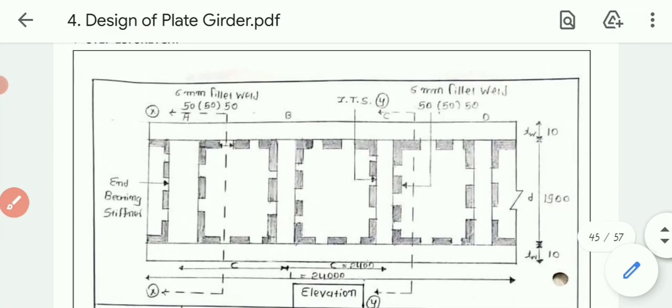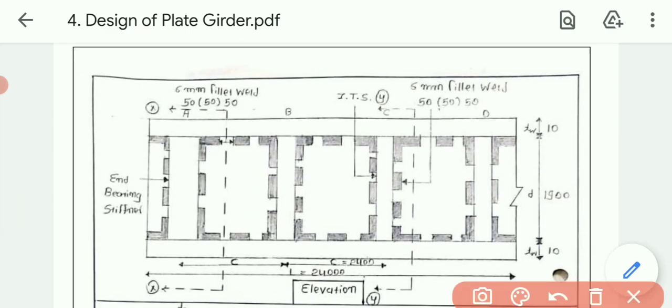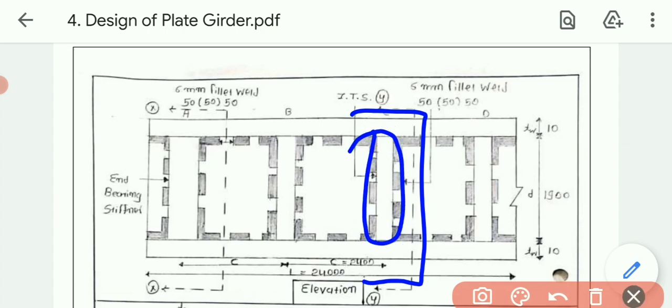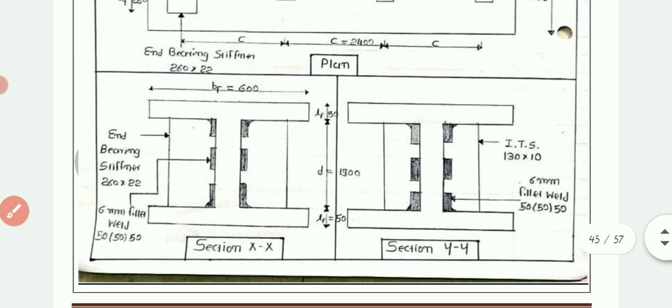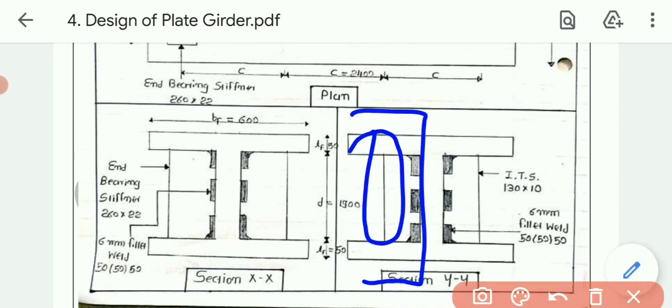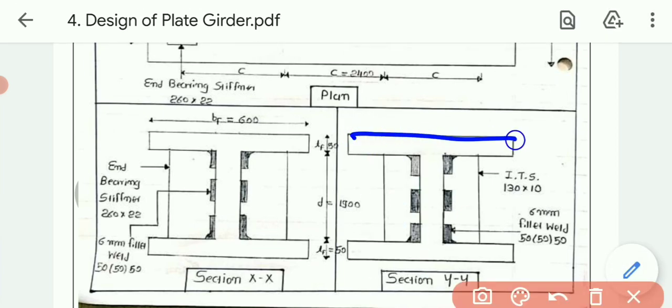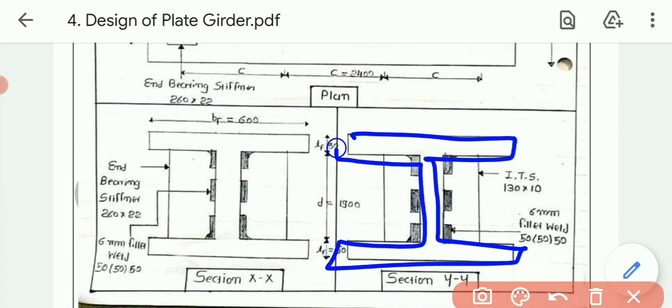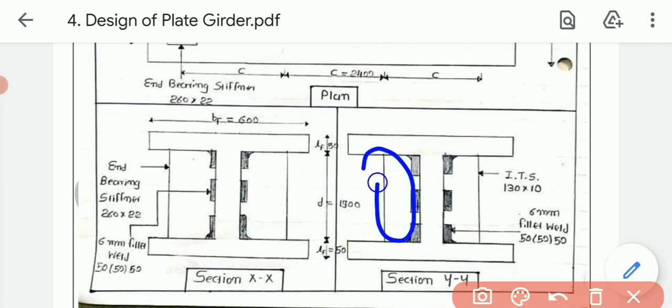And then we need to pass one more cross section from the ITS, so we can see the ITS along with the cross section. See, this one is the cross section and this one is our ITS. And again the welding of step number 12, connecting the web with the stiffener.